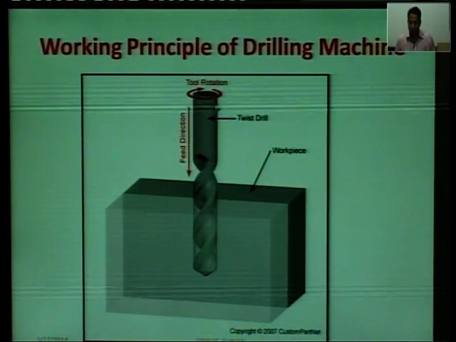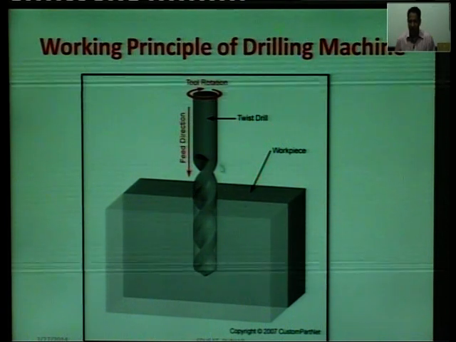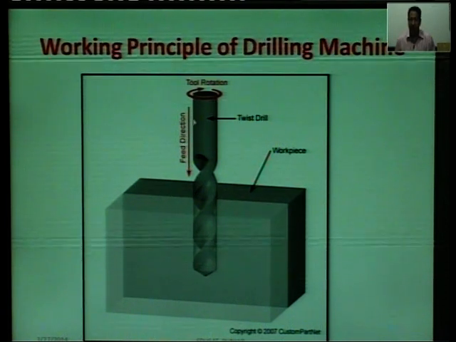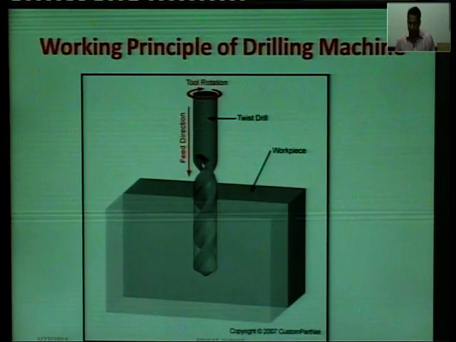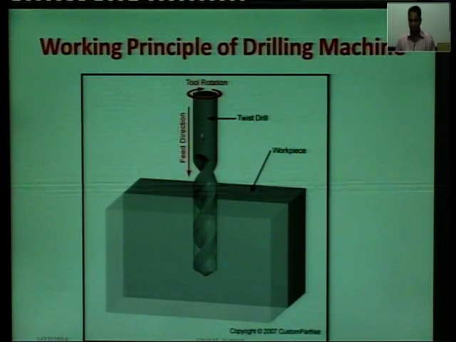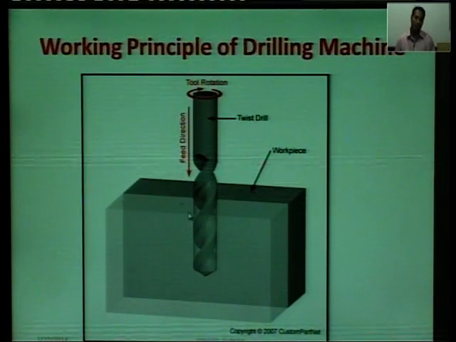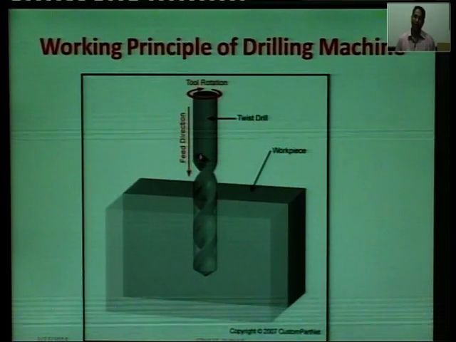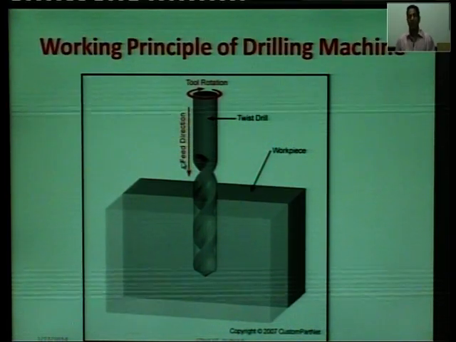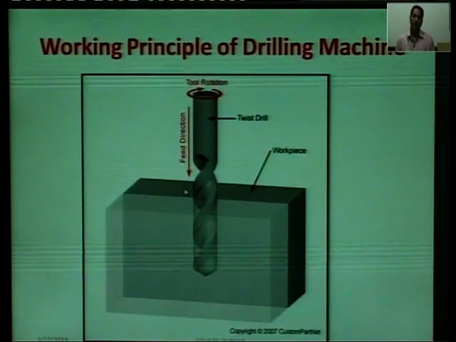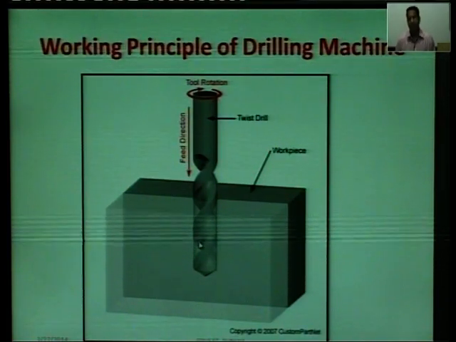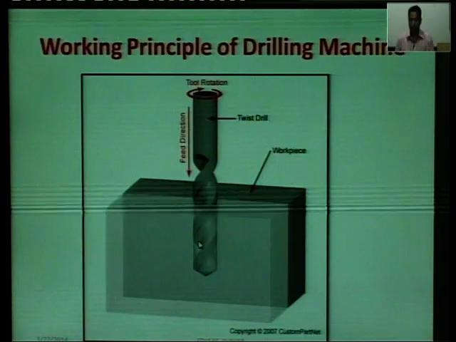Rotary motion is given to the drill, and then force is applied at the drill top to move inside the workpiece, and this is called feed. This way we are able to produce the hole inside the workpiece.